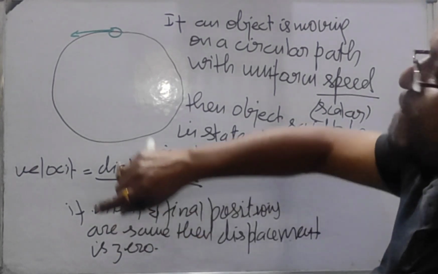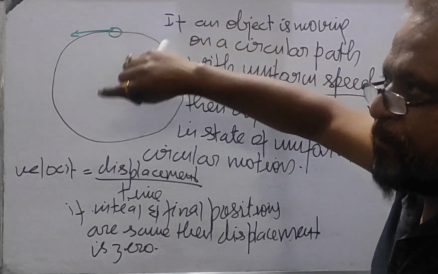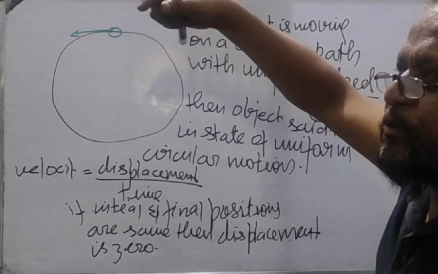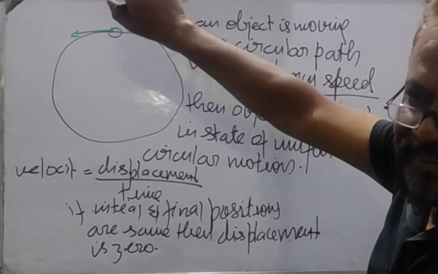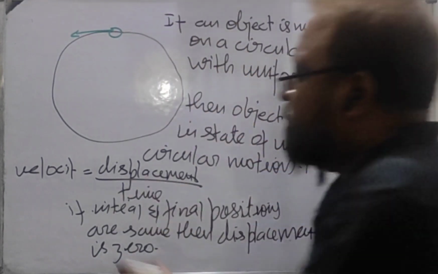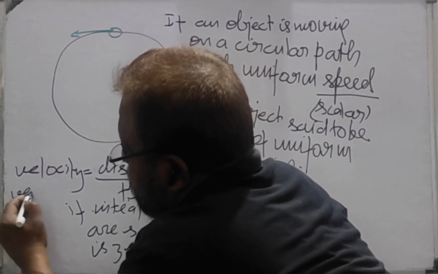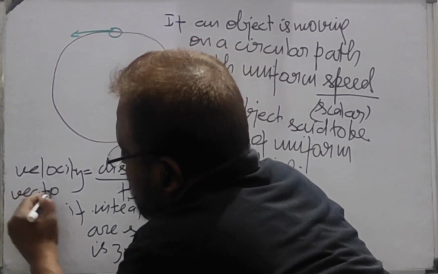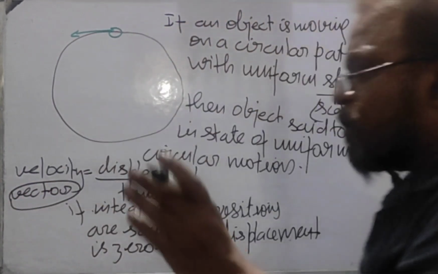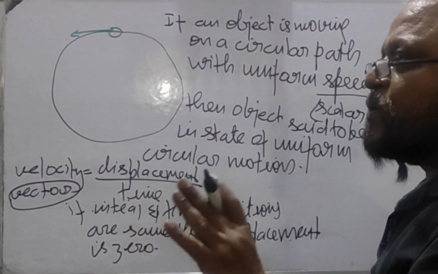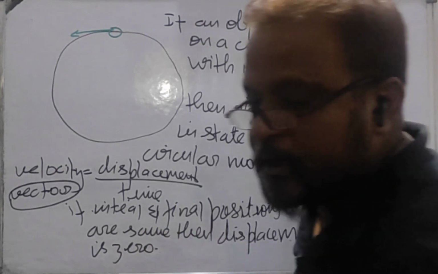So in every one cycle, after completing one revolution, its velocity is going to be 0, right? But velocity is a vector quantity. In a vector quantity, along with magnitude and physical unit, direction is very important, right?